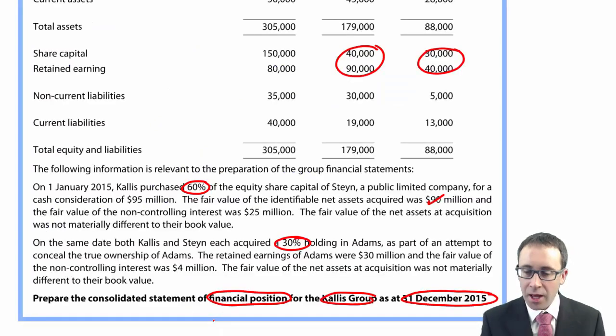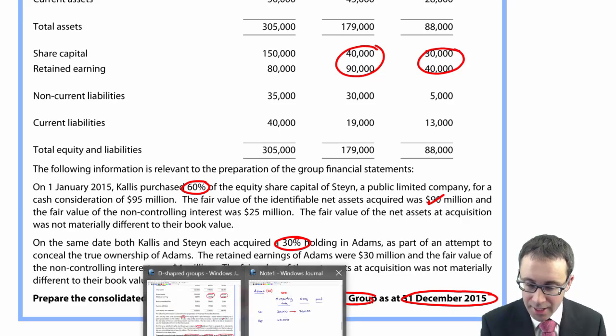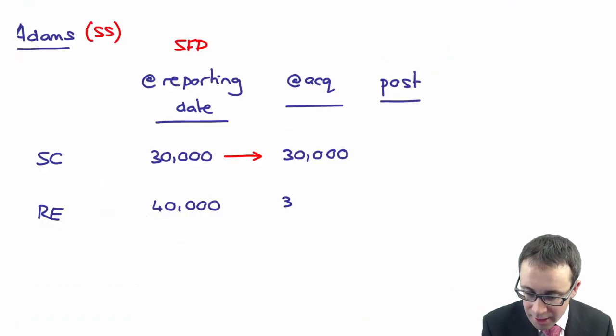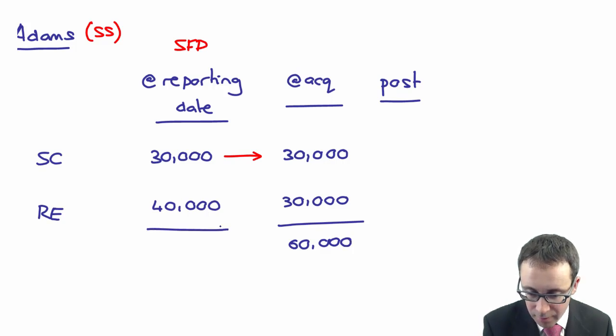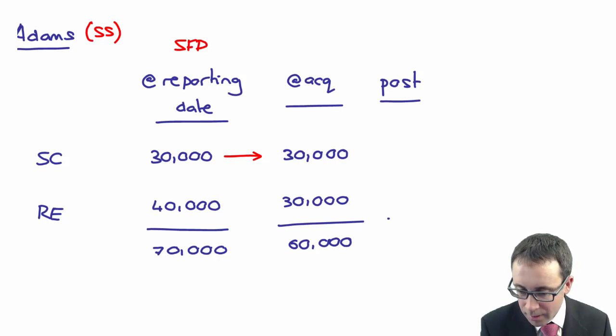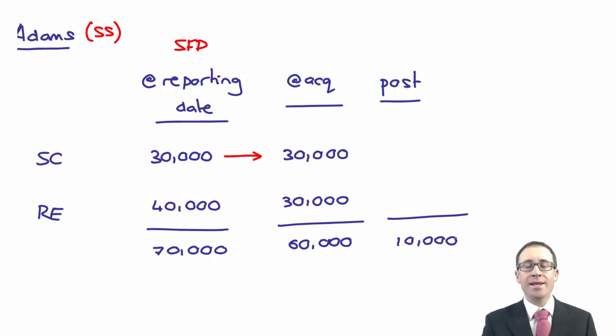Just a little bit different here. It says the retained earnings were 30 million. So it actually tells us that the retained earnings were 30 million. So that 60 is 70. Post-acquisition is 10. Excellent.